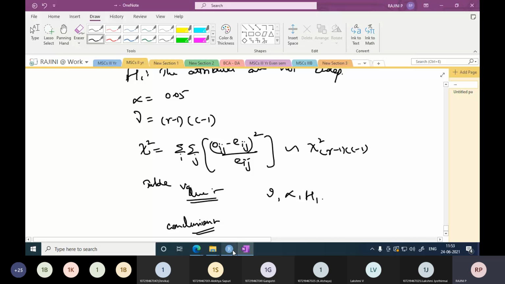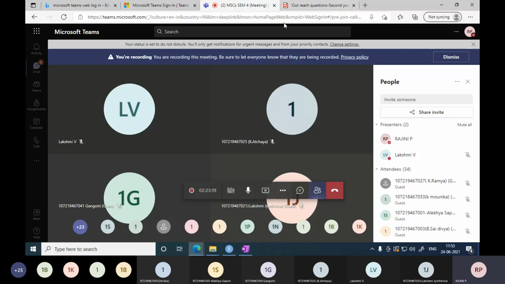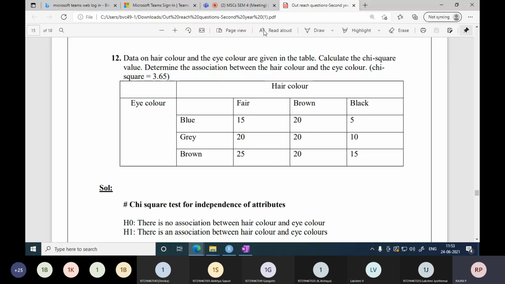Now, we'll check the question. Data on hair color and eye color are given in the table. Calculate the chi-square value. Determine the association between the hair color and the eye color.